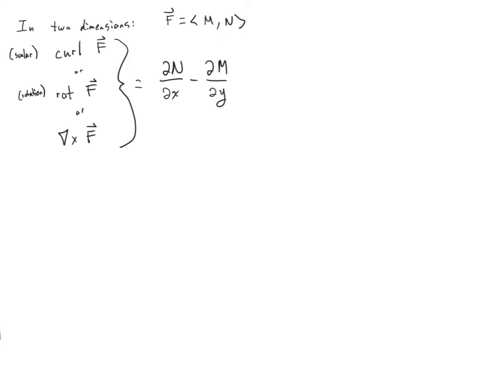And it is that third one that we're going to focus in on and try to explain today. And we're going to use that to define curl in 3 dimensions as well.